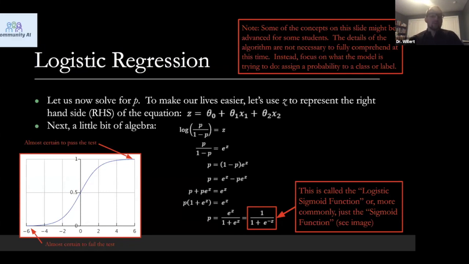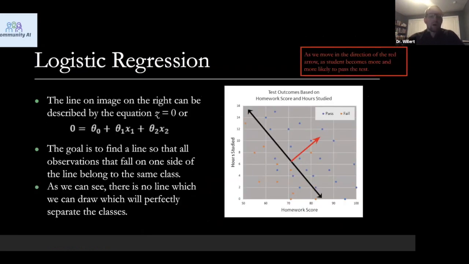And you can see why this might be a nice function to use when computing probabilities, because if you recall from your probability or statistics class, the probability of an event happening always needs to be between 0 and 1. It could be 0 or 1 as well. So whenever z, we'll go to the next slide actually, before I dive too deep into that.